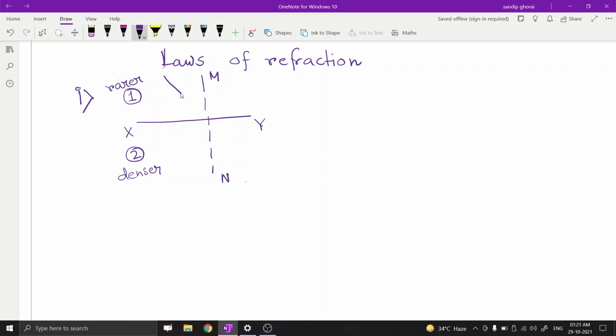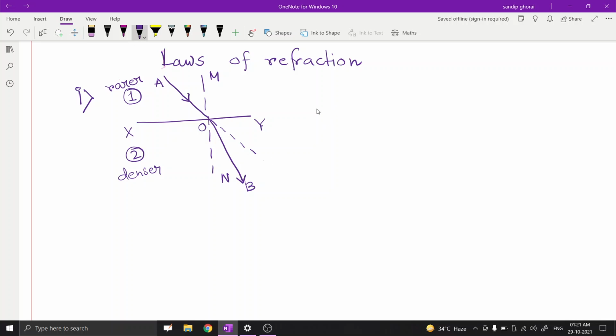Now this is the incident ray. We take AO as the incident ray, and the light bends and we get OB as the refracted ray.